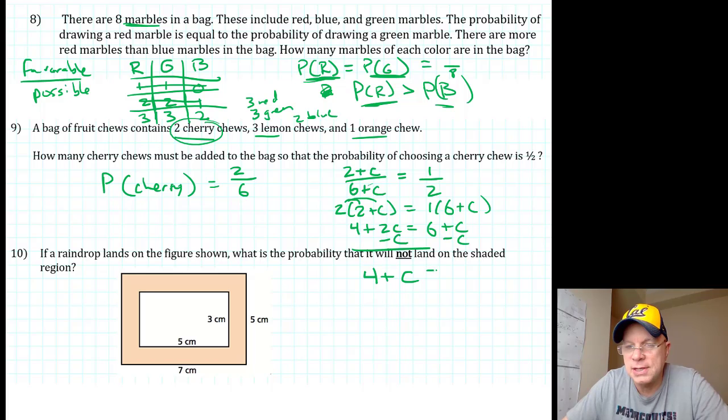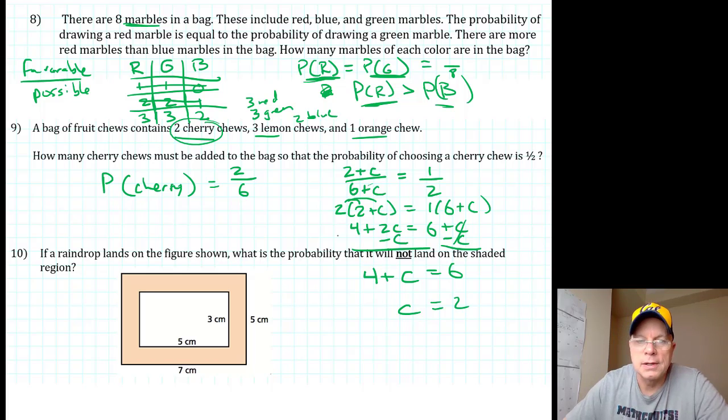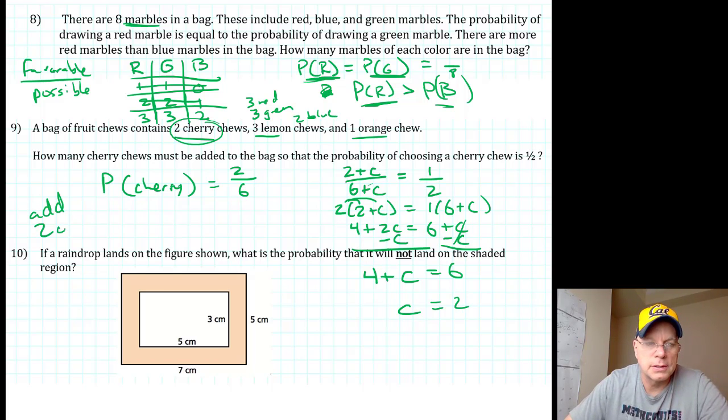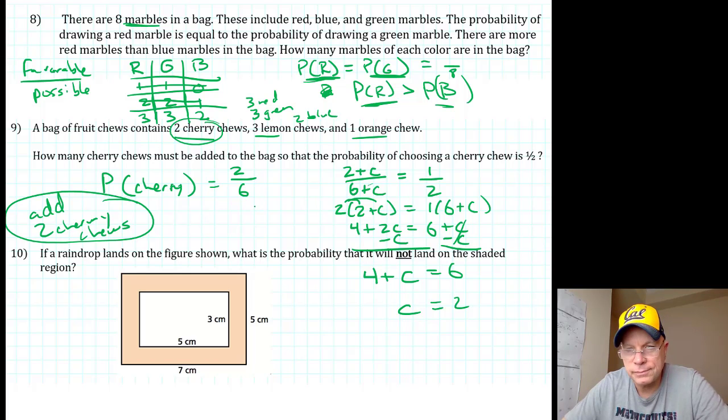So 4 plus C equals 6. The reason I subtracted C is to make the C go away here, so I'm just left with 6. So if 4 plus C is 6, C must equal 2. So you can add 2 cherry chews to get a probability of 1/2.